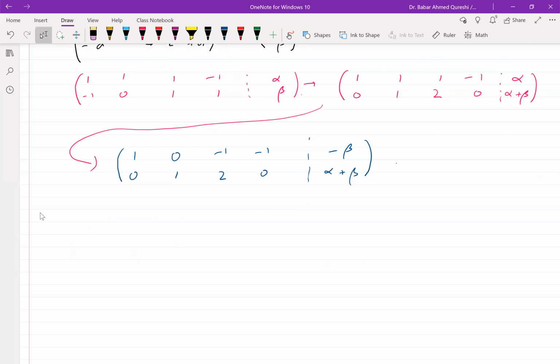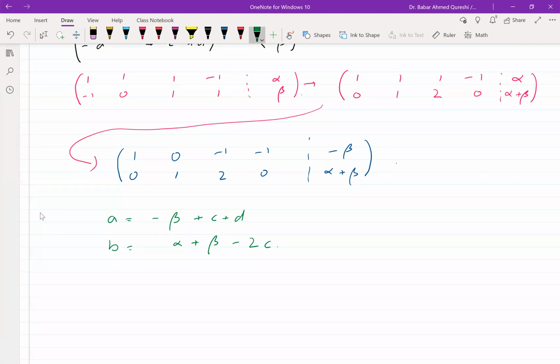So what you see is you get C and D are free variables, and A is equal to minus beta plus C plus D, and B is equal to alpha plus beta minus 2C. So that means you wanted to create any vector with arbitrary alpha and beta.